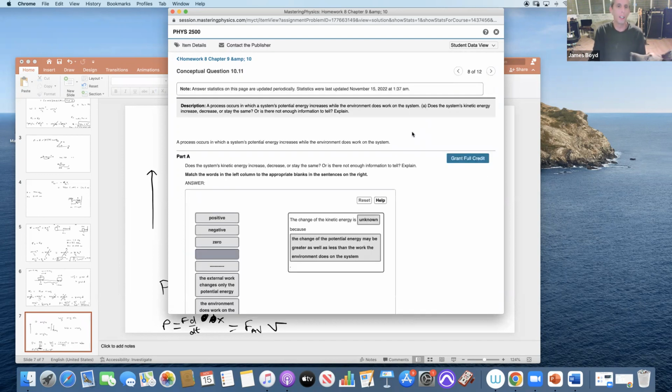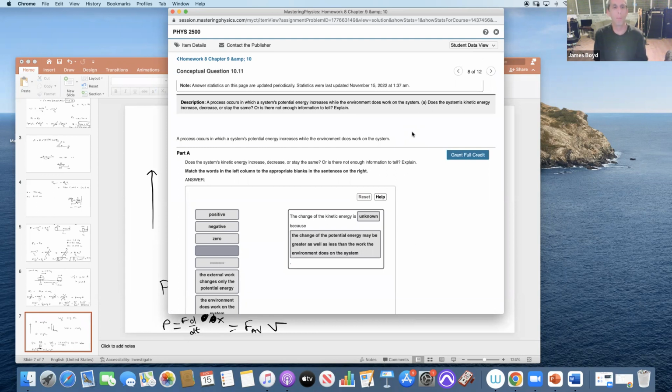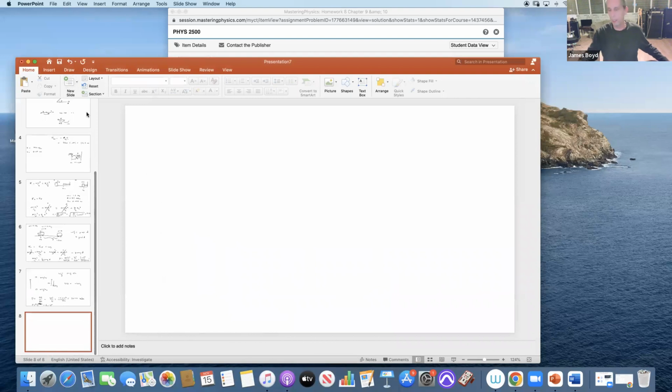All right. So a process occurs in which the potential energy increases while the environment does work on the system. Does the system's kinetic energy increase, decrease, or stay the same? So one thing that we need to remember is that work is the change of kinetic energy, and that is equal to the negative change in potential energy of a spring or gravity.